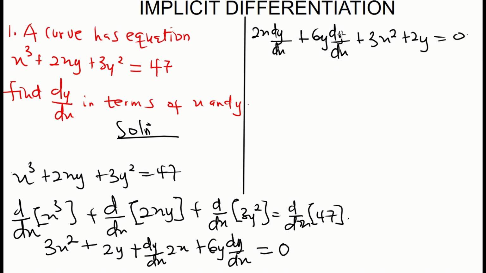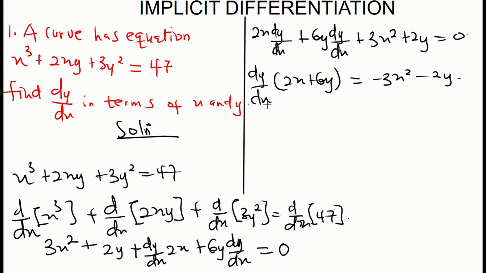Then we factor out dy/dx, and we have dy/dx times 2x plus 6y, which is equal to, let's send these terms outside, minus 3x squared minus 2y.